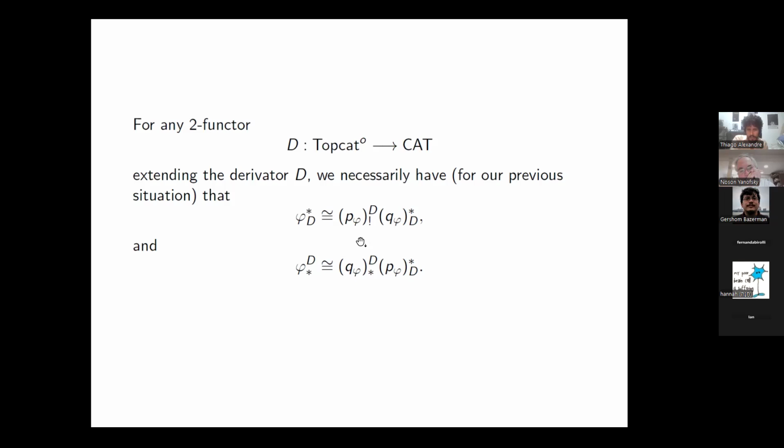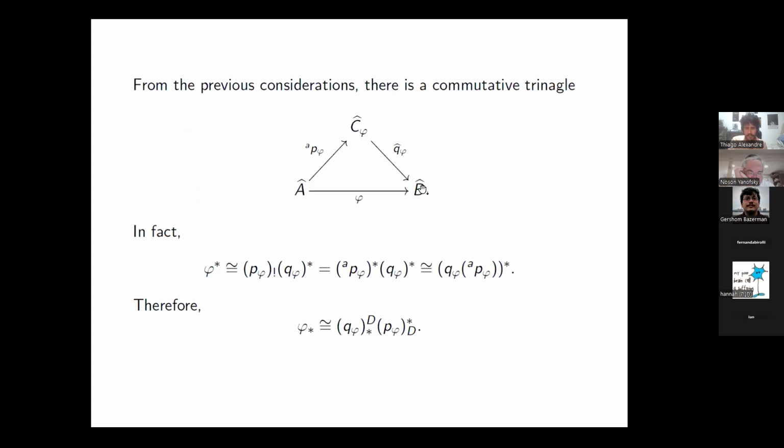Those functors are defined because P is just the direct homological image of the Grothendieck projection, which is a functor. So these functors are defined for D already, and we necessarily have this. Here I am assuming that this category B admits finite limits.